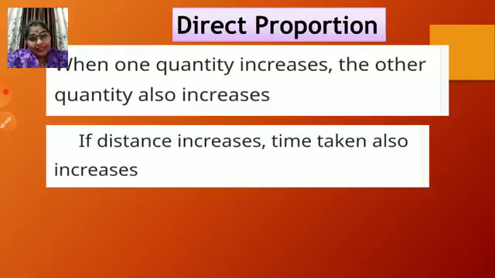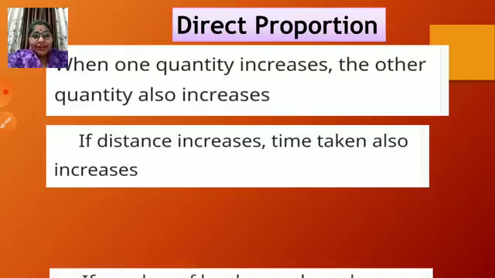If we are traveling somewhere and the distance increases, then the time to travel that distance also increases. So one quantity is increasing and the other is also increasing, or when one quantity decreases, the other also decreases. This is called direct proportion.